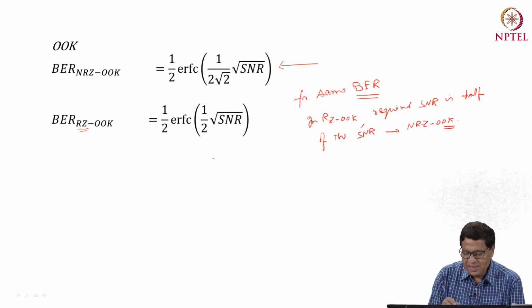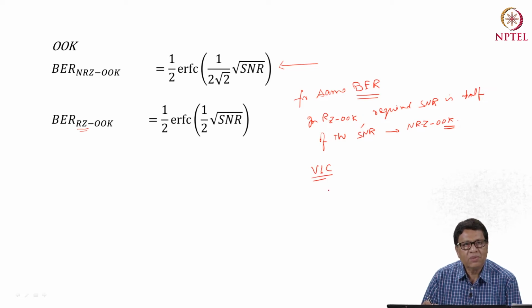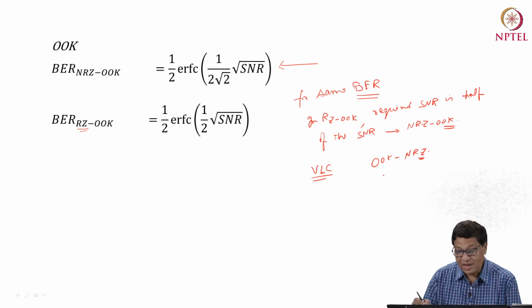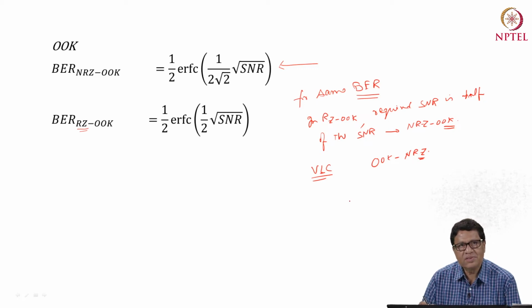So in a VLC system or any optical outdoor system like free space optics, the preferred option is on-off keying NRZ signal. At least in VLC, because there the power is not a constraint, whereas the bandwidth is a constraint, because the devices which you use, for example LED or photodetector, or the channel inside the room are all bandwidth limited. So I should have a modulation scheme which is more suitable for such a scenario.